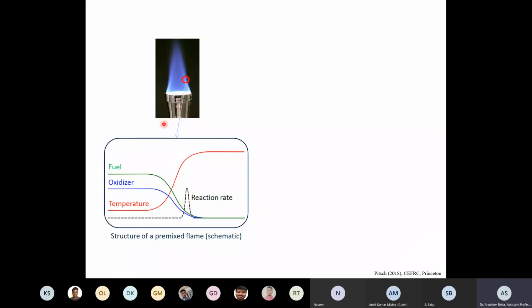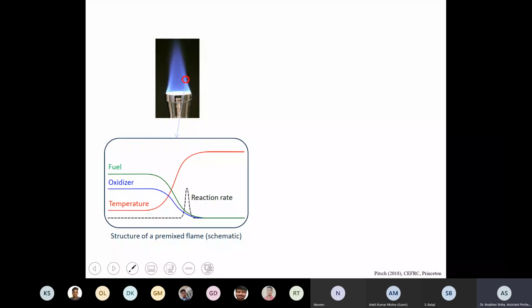If I go from left to right, temperature will increase, right? Fuel is decreasing, oxidizer is also decreasing, while the reaction rate is peaking at the flame front. This is what we studied for premixed flame. Okay, no one should be confused about this, right?